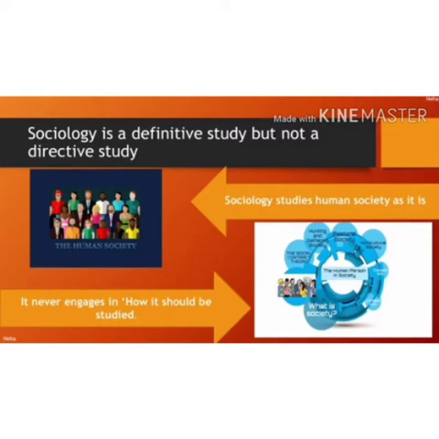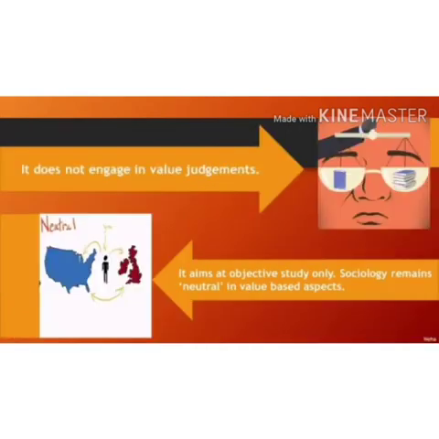Second one is sociology is a definitive study but not a directive study. Sociology studies human society as it is. It is never engaged in how it should be. It means it conducts its research as it is. It does not engage in value judgment.